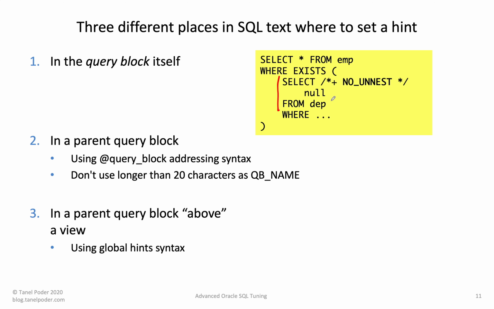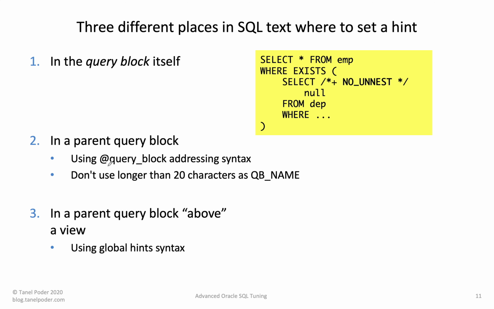That's one option, because if you add NO_UNNEST in this vanilla form, then there's no unnesting in the parent query block, so it only applies to the subquery or this inline view. MERGE and NO_MERGE apply to inline views, but only to these specific inline views or subqueries which you want to control.